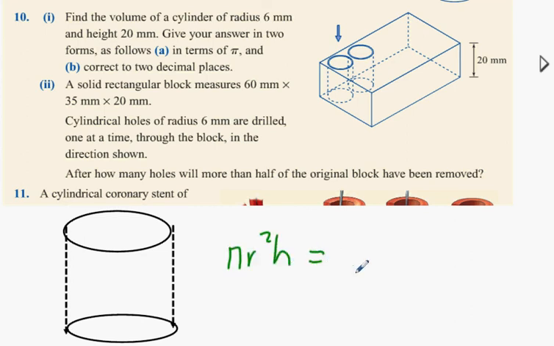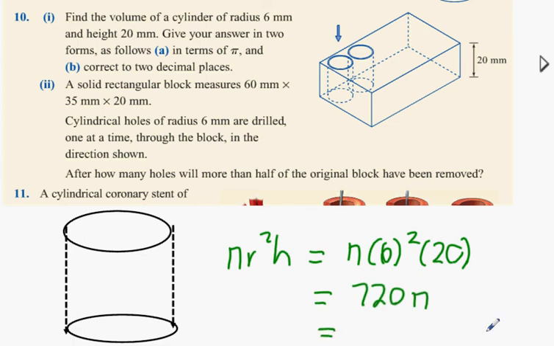So pi times 6 squared times 20. Somebody give me in terms of pi. Oh, sorry, the 20 is not squared. 720 pi, in millimeters cubed.